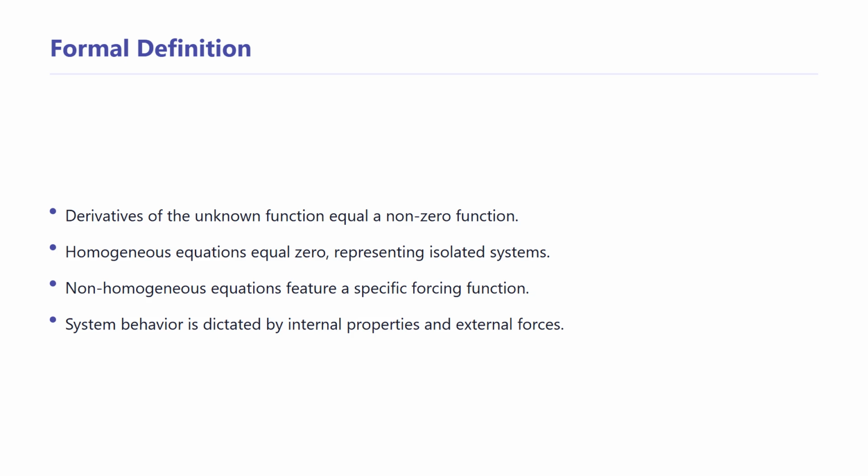But here, that right side is a specific mathematical expression called the forcing function, or driving term. This means the overall behavior we observe is a tug of war. It is dictated both by the system's own internal physical properties and by this continuous external push.